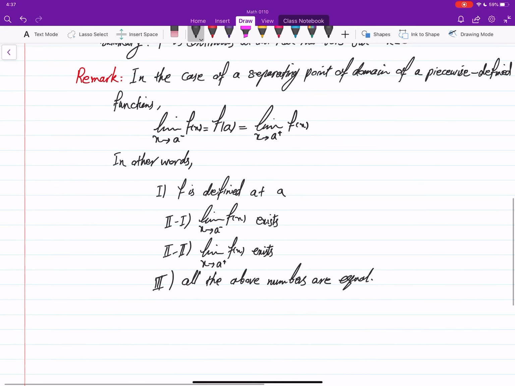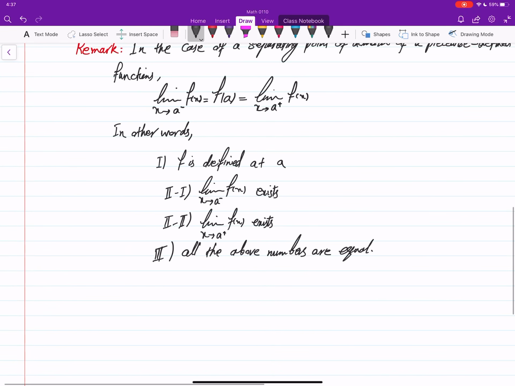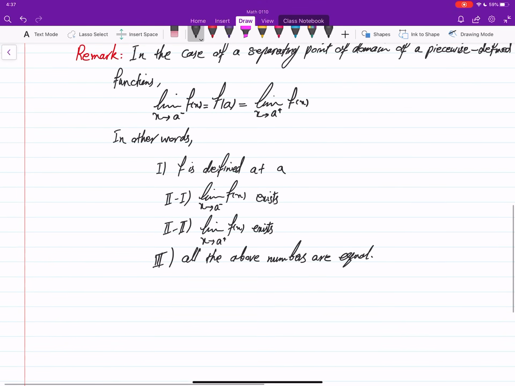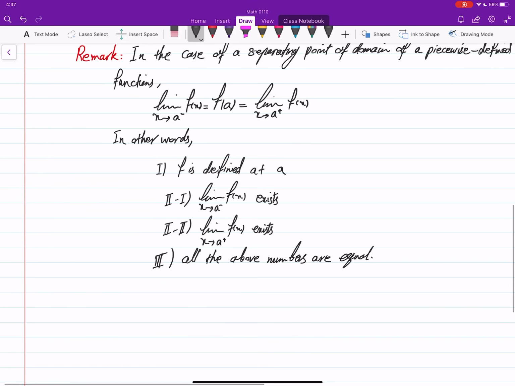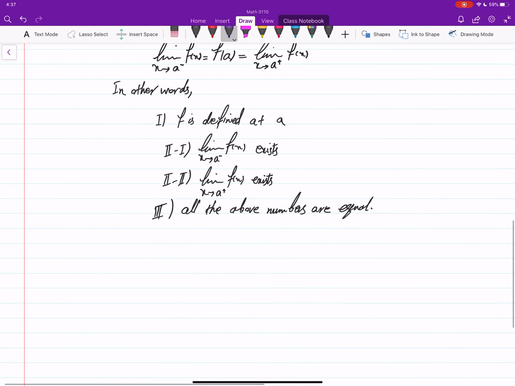Well, let's do one example, a different type of example for this one. The example we did above shows everything, but let me do this example too.